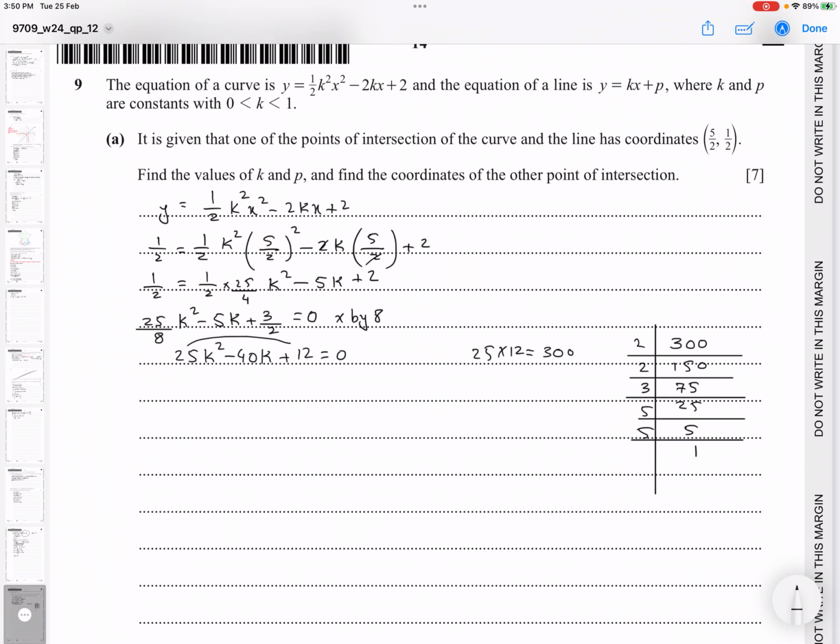So you multiply 5 with 2, you get 10. And then the rest, 5 times 3 is 15, 15 times 2 is 30.